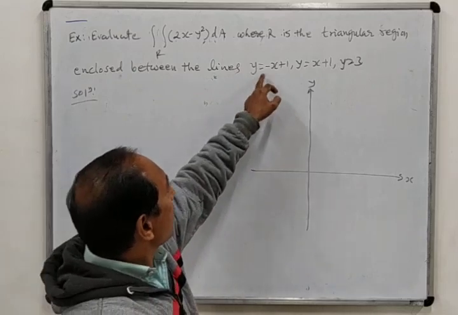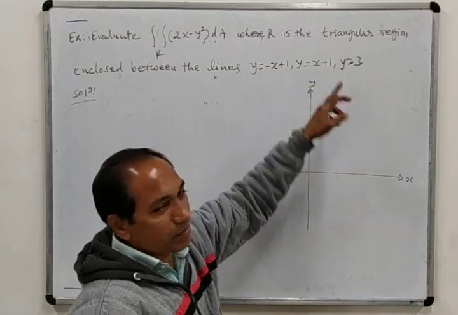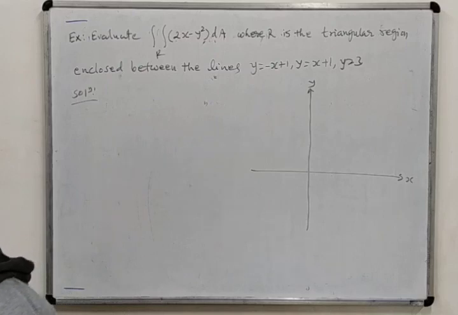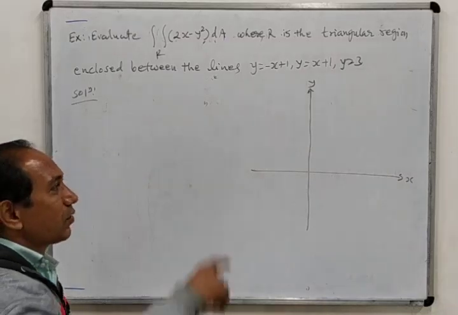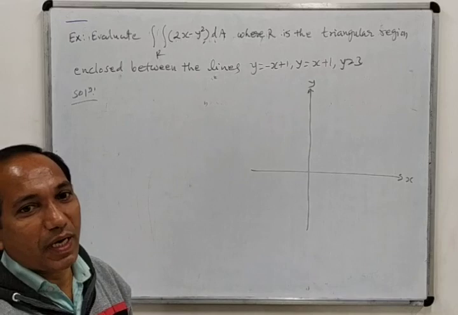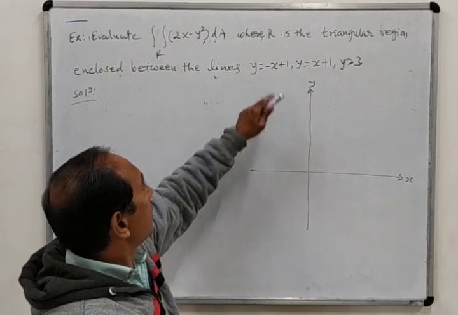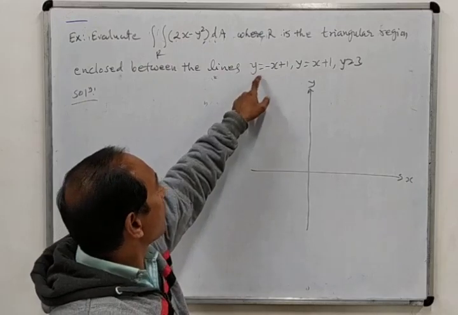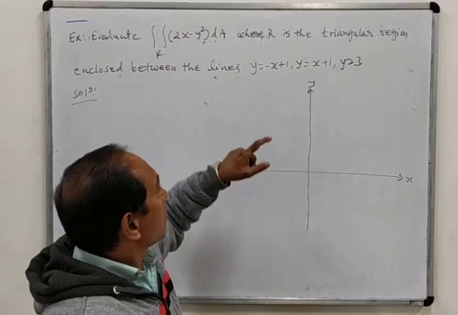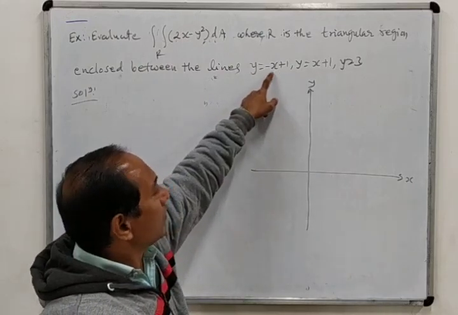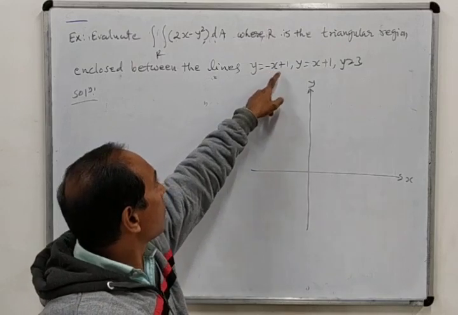You can see that y equal to minus x plus 1 and y equal to x plus 1 both are equations of straight lines. So straight lines are very easy to draw. To draw a straight line we require 2 points, and by joining the 2 points by means of a line we get the graph. So first we will draw y equal to minus x plus 1. If we put x equal to 0, we get y equal to 1.